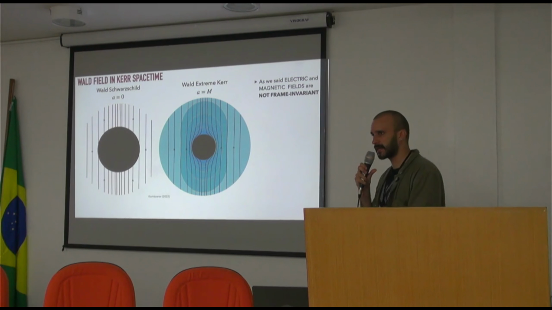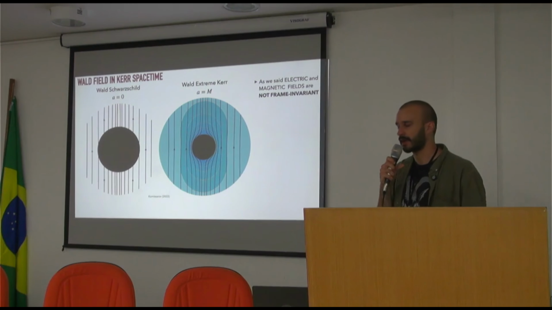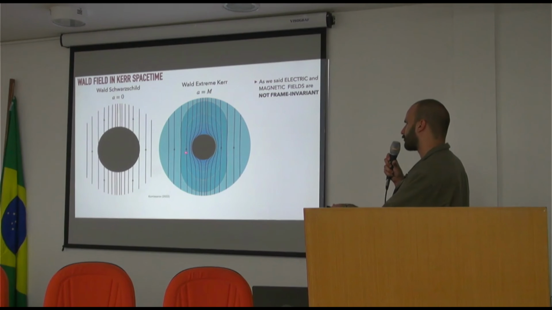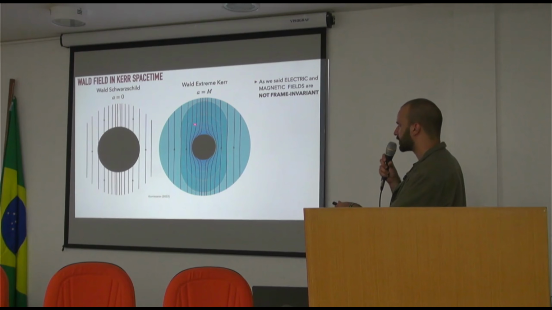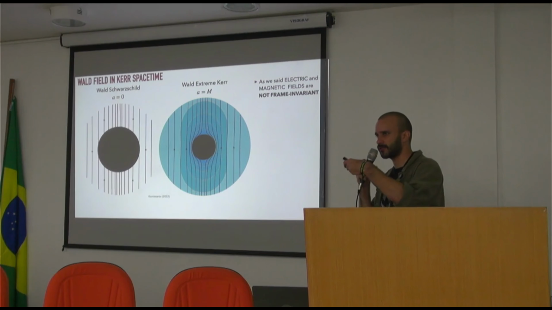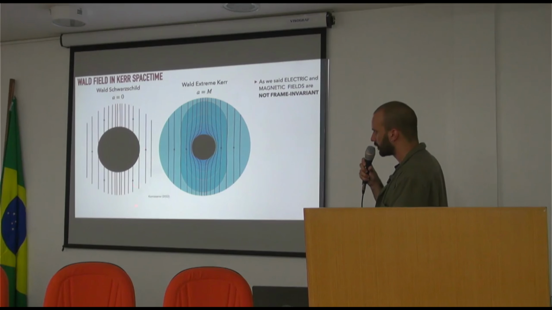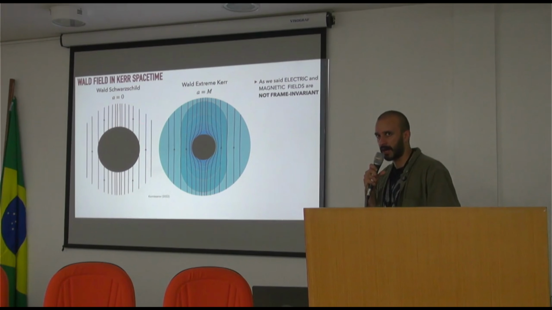So this is precisely the illustration of the Meissner effect. Also, I forgot to mention that these blue regions basically represent the regions of constant electric potential. So this just indicates that whenever the black hole is spinning, as opposed to this case, we also generate an electric field.